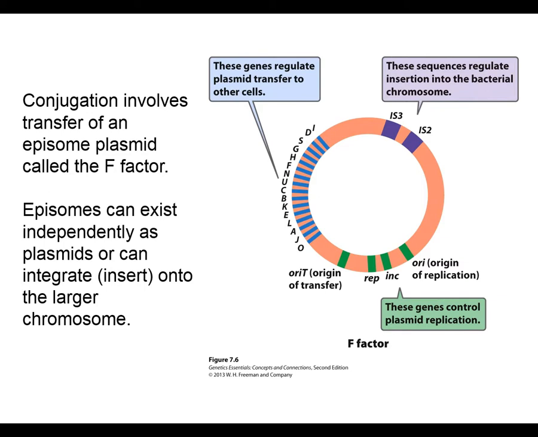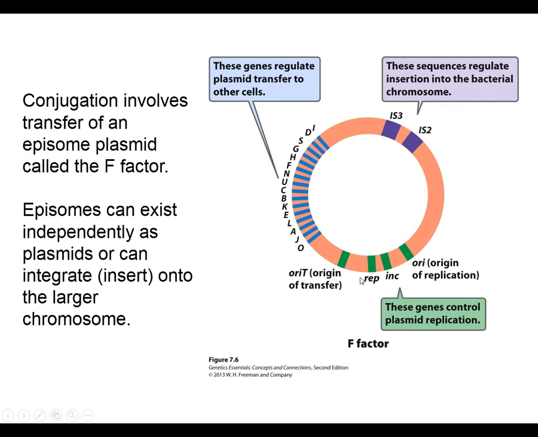And conjugation involves the transfer of a genetic molecule called an F factor from one bacterial cell to another bacterial cell. So you'll have a donor cell that has the F factor, you'll have a recipient cell that doesn't have the F factor, and the transfer will happen in one direction. This shows a typical F factor.